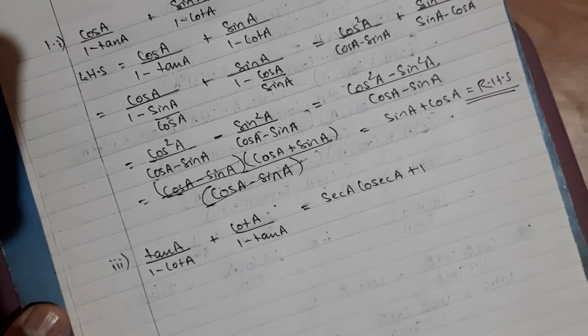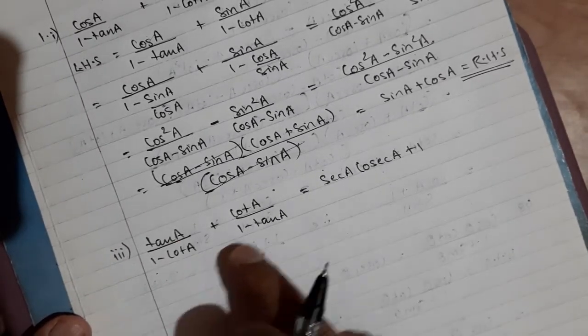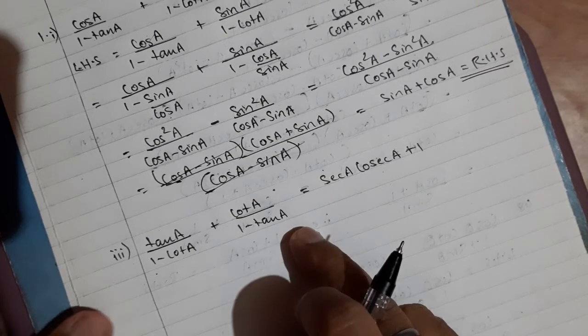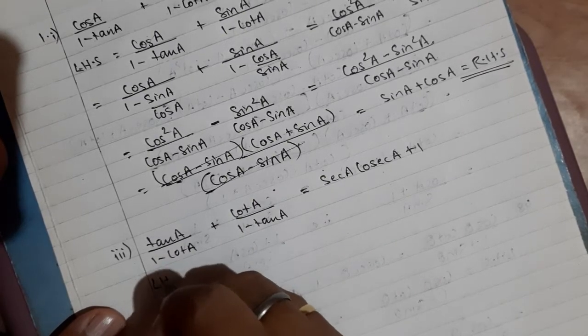Now question 1/3, we have tan A upon 1 minus cot A plus cot A upon 1 minus tan A. So take LHS.